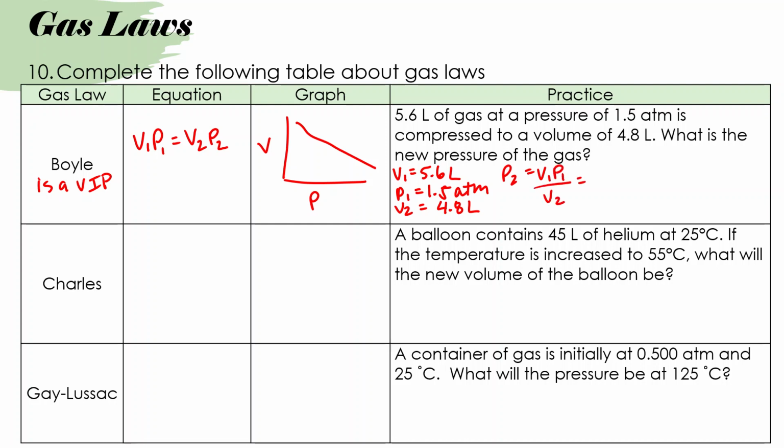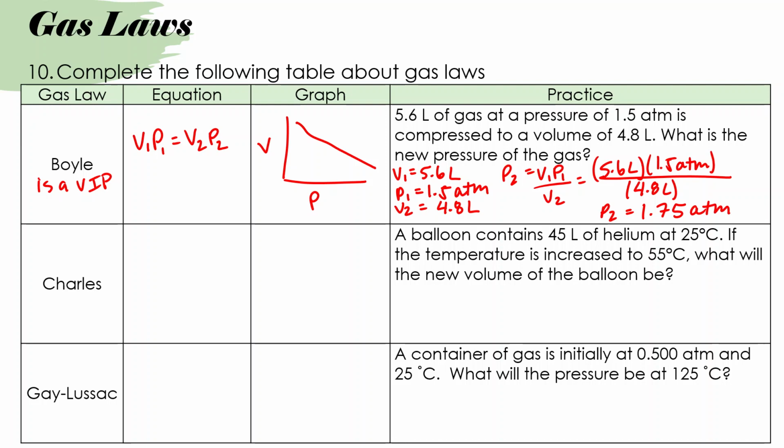So I can plug in those variables here: 5.6 liters times a pressure of 1.5 atm divided by the volume 4.8 liters. So when I solve here, I get that P2 is going to be equal to 1.75 atm.